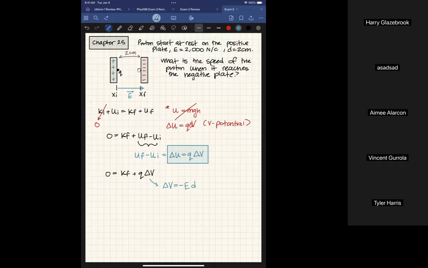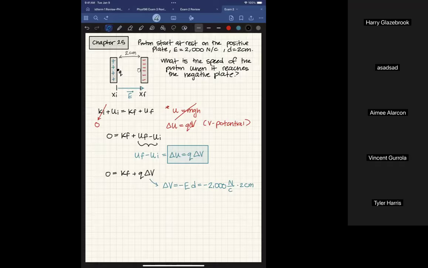So in this case, that means the change in electric potential is negative 2,000 newtons per coulomb times our displacement, which is 2 centimeters.